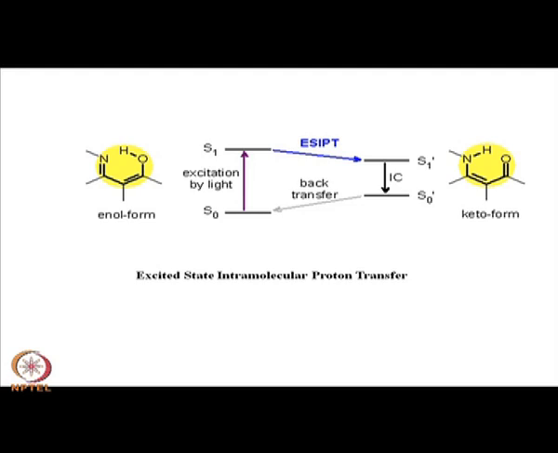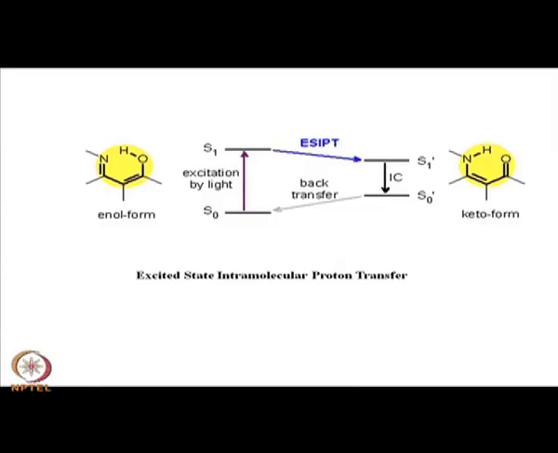So excited state intramolecular proton transfer is a fundamental and very important phenomenon, generally observed when a molecule gets excited and has the option to have the enol form and the keto form.